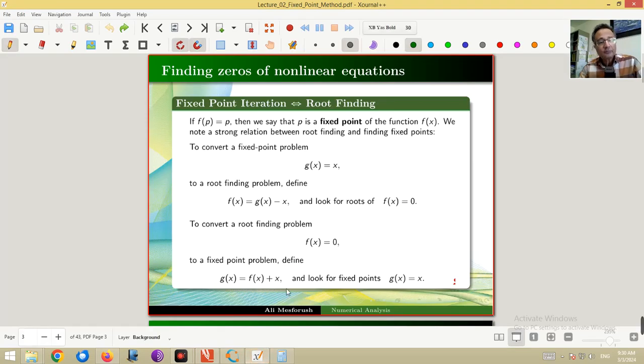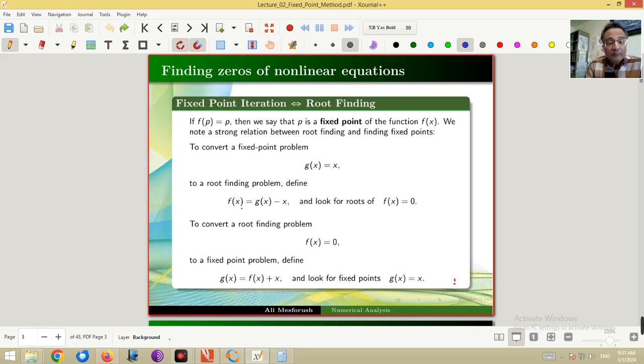Here I have written the definition of the fixed point. If f of P is equal to P, then we say that P is a fixed point of function f of x. In fact, we want to use this property to find the root of an equation. We consider f of x equal to g of x minus x.